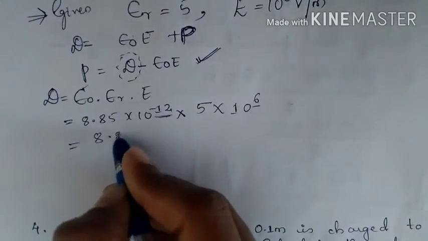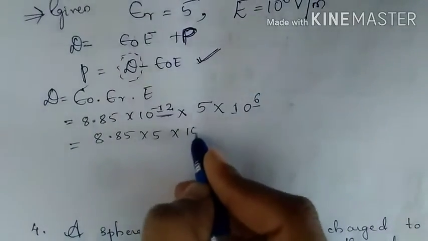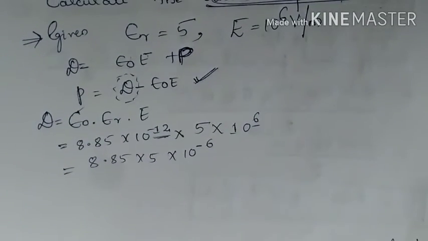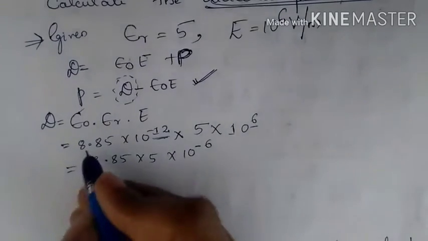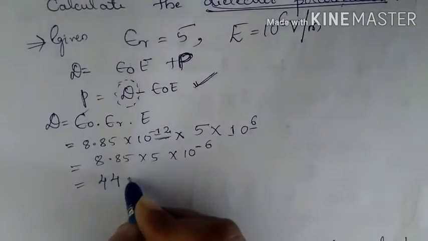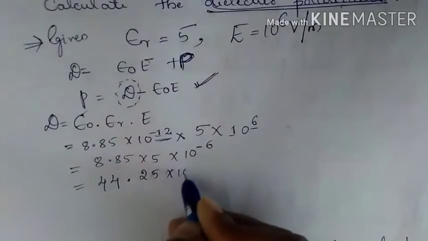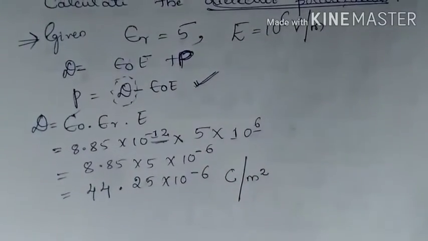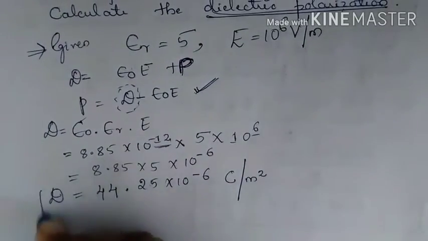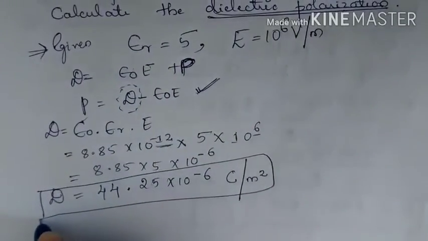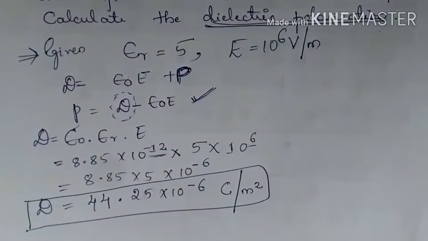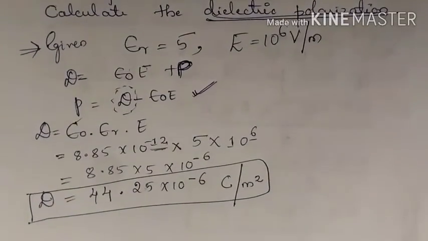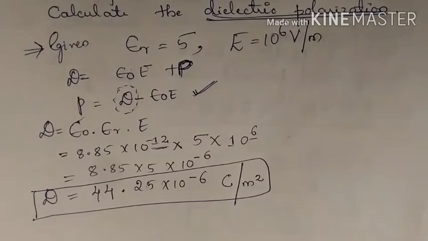So then you can write 8.85 into 5 into 10 power minus 6. If you multiply 8.85 with 5, then you get nearly 44.25 into 10 power minus 6 coulomb per meter square. So this is electric displacement D. D is equals to 44.25 into 10 power minus 6 coulomb per meter square.